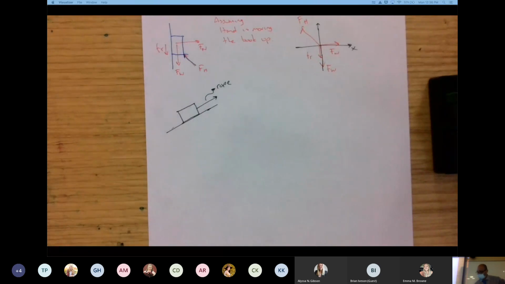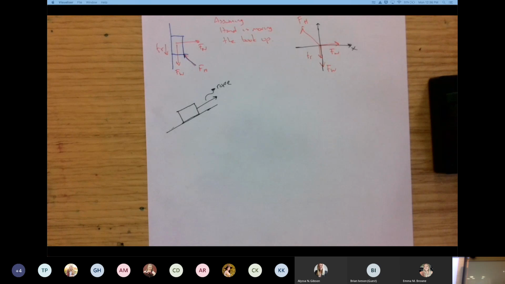Madison. Yes. Okay, what forces do we have? We have the normal force on the furniture.